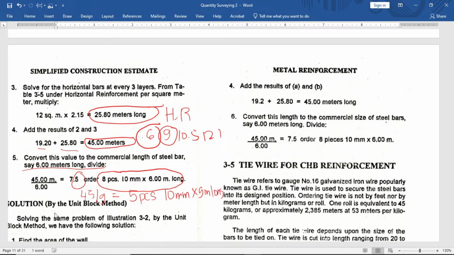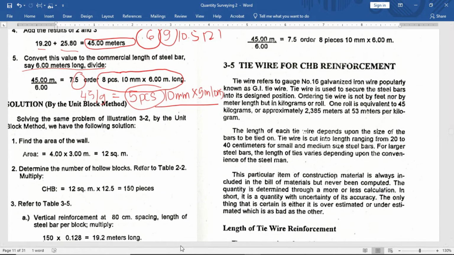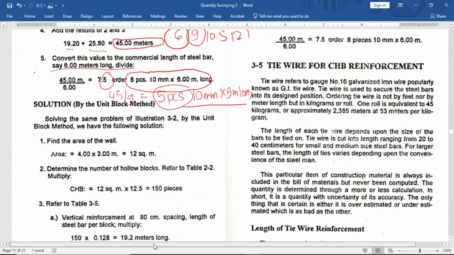Depende yan sa inyo kung saan kayo mas preferred sa pag-estimate. Ito pag 9 meters long, ito naman pag 6 meters long. So, kanina, yon by area method.